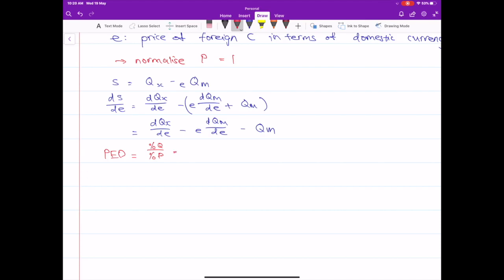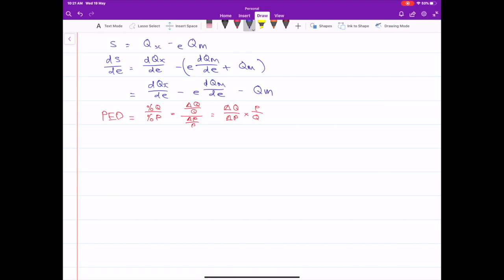So this will be actually del Q over Q, which is the percentage change in Q, divided by del P over P, which gives you del Q over del P times P over Q.